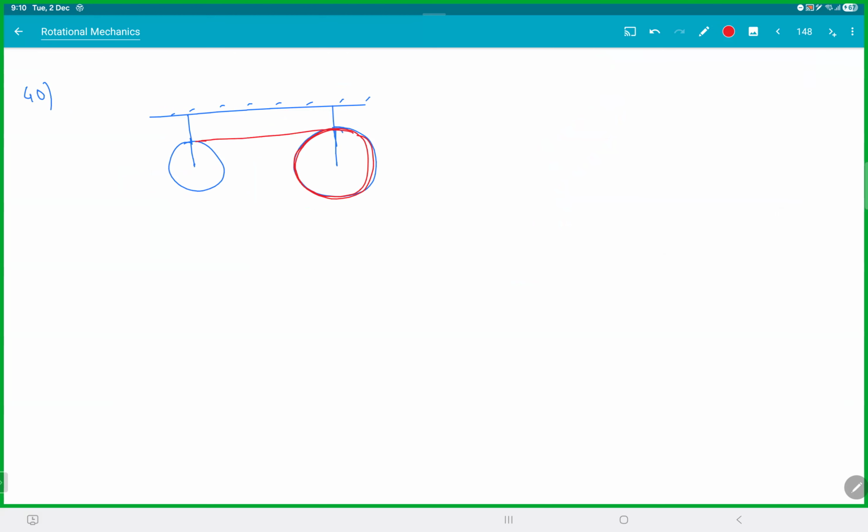Then it goes over a small pulley and then it goes over a block. This pulley's mass is 2m, radius is 2r. This is a solid cylinder of mass m and radius r. There's no slipping anywhere. Find the acceleration of the block.